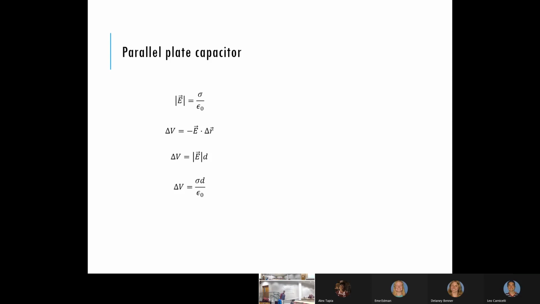So we get the idea that the change in potential from one capacitor plate to the other is the charge density on the plate times the plate separation divided by this constant epsilon naught.